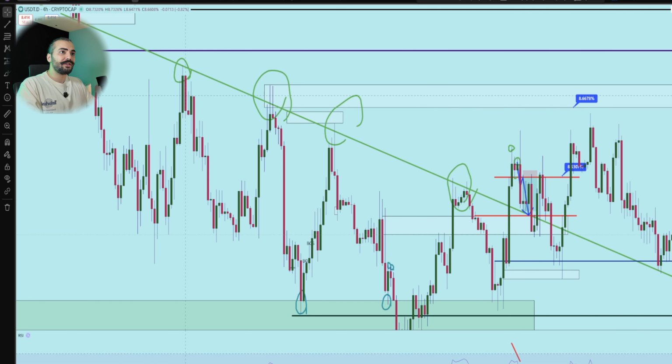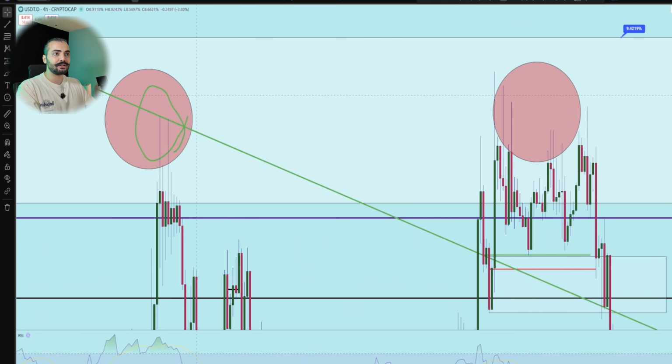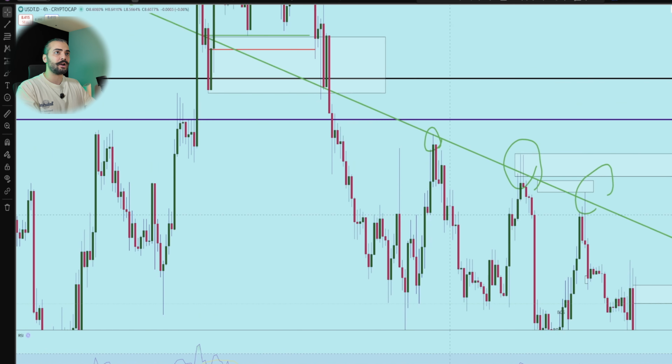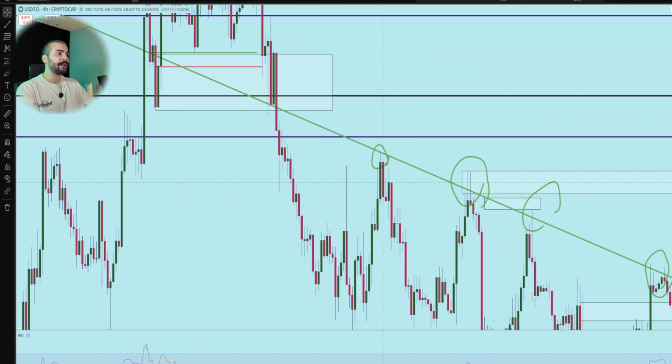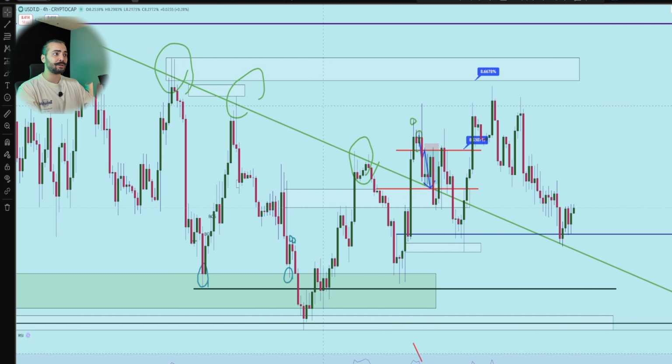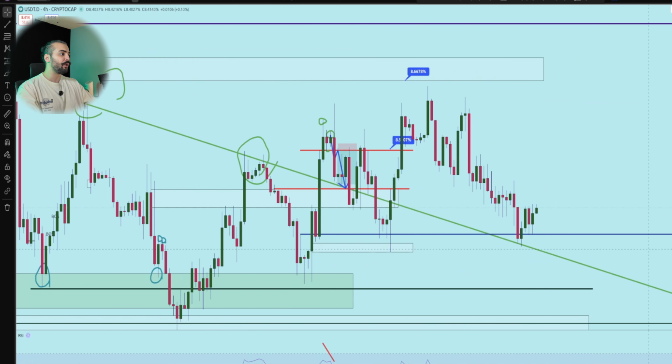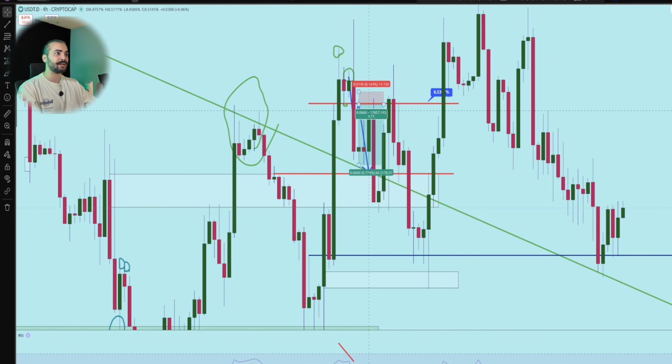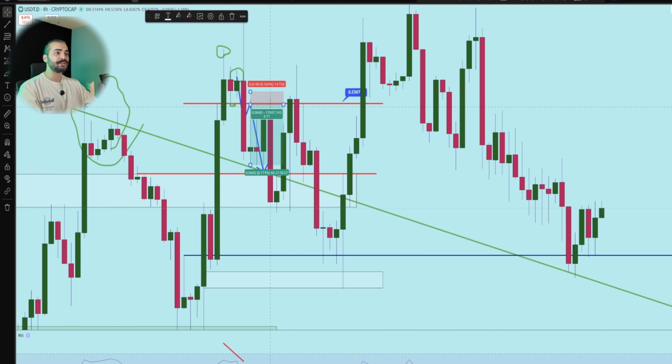You can see we've touched this green line multiple times. The first time was the all-time high of the dominance of Tether. Then here we touched it the second time, the third, the fourth, the fifth. And from here, if you remember from another video, was one of the positions that we got.